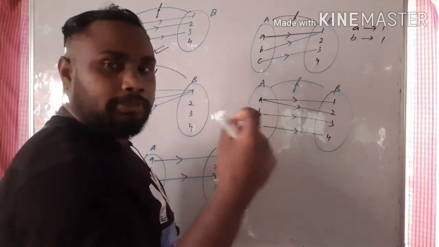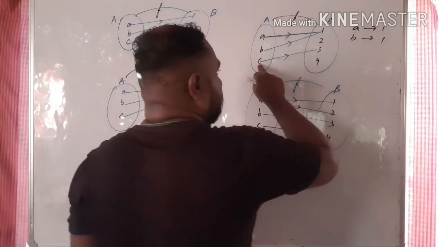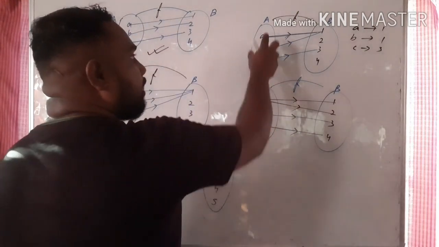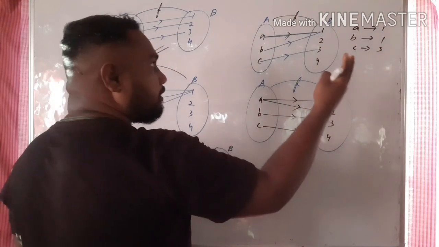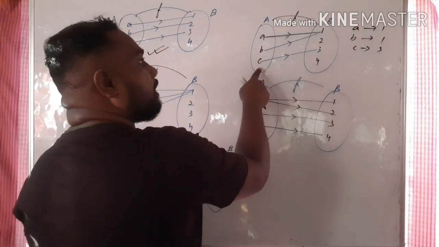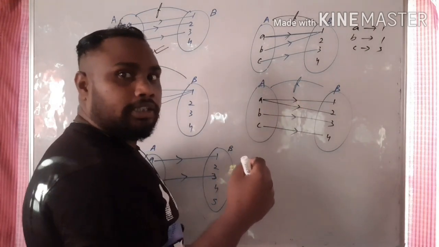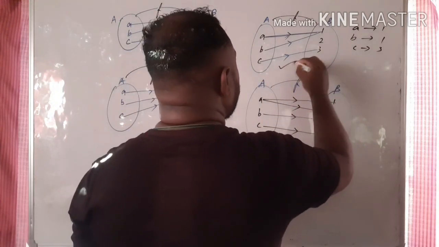Unique means it must be 1, not more than 1. C is again going to a unique element, that is 3. And no element is left out here. All the elements must go to a unique element, and no elements must be left out in A. These two conditions must be satisfied. Then only the mapping will become a function. So it is a function.